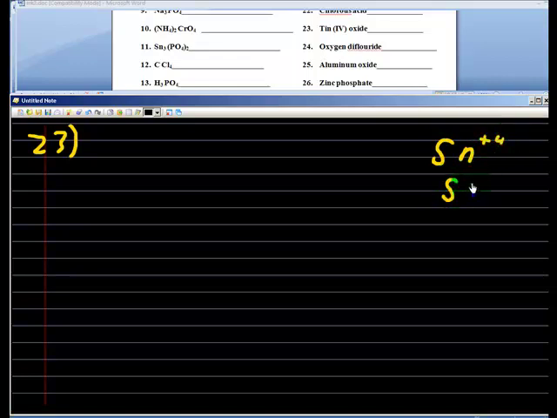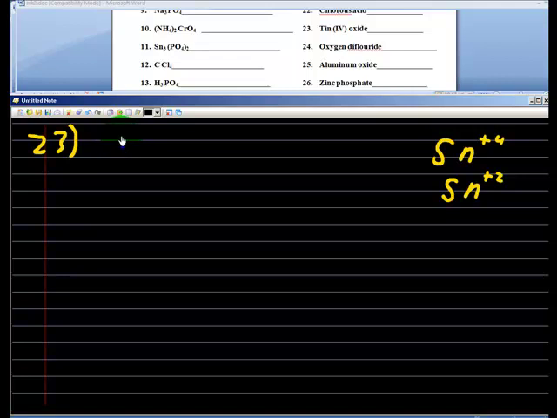Other times it takes on a +2. Now, there are certain rules or reasons why tin sometimes takes on a +4 or a +2. It has to do with the orbitals associated with the tin. For our perspective, we're just going to work with the fact that it does have these two states.